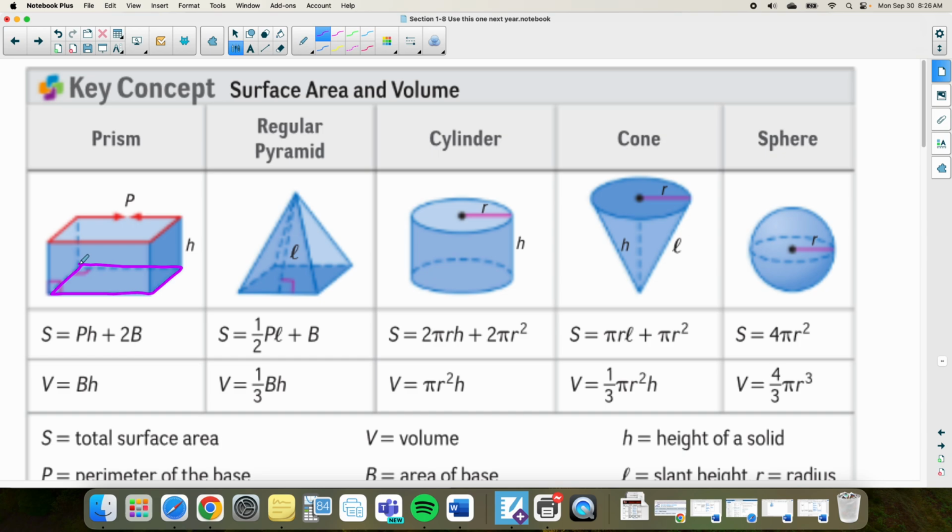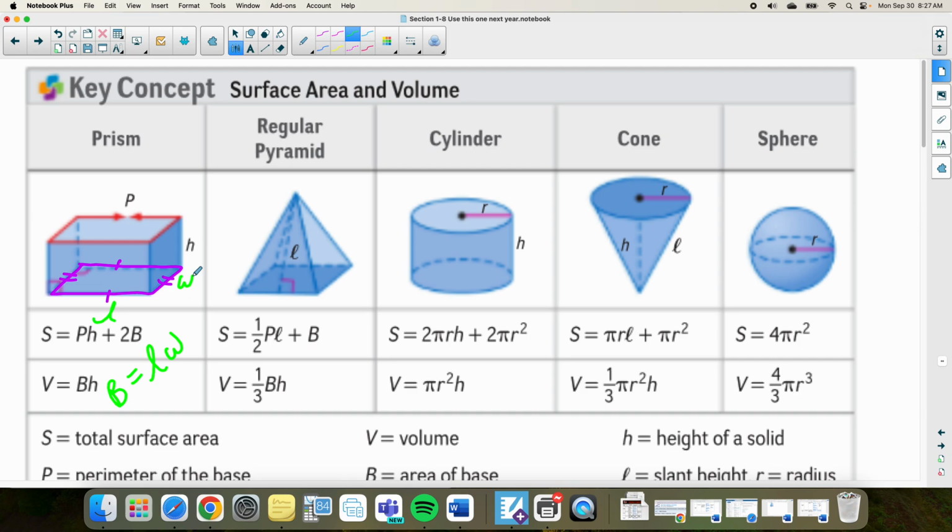And I think you guys all know now that P is the perimeter of that bottom rectangle and that these two sides are equal as well as those two. The H is how tall your prism is, and your capital B is the area of that base.